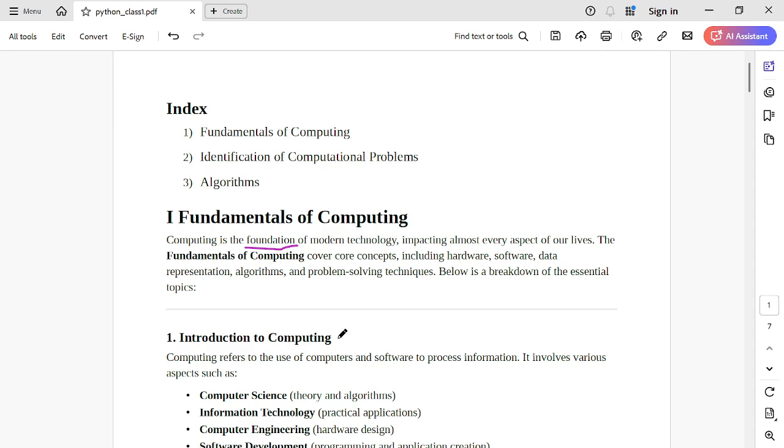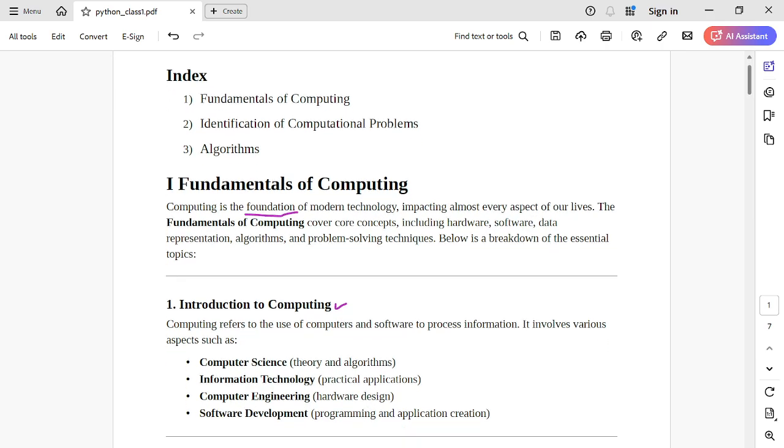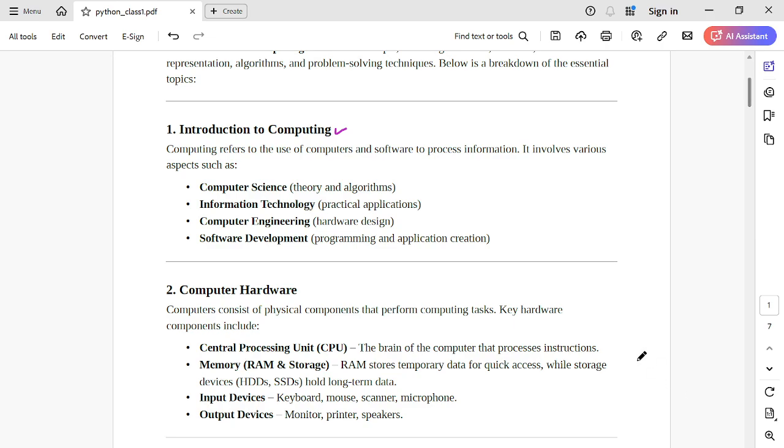The first topic is introduction to computing. Computing refers to the use of computers and software to process information. It involves various aspects. The first aspect is computer science, where we use computing in theoretical as well as algorithmic ways.